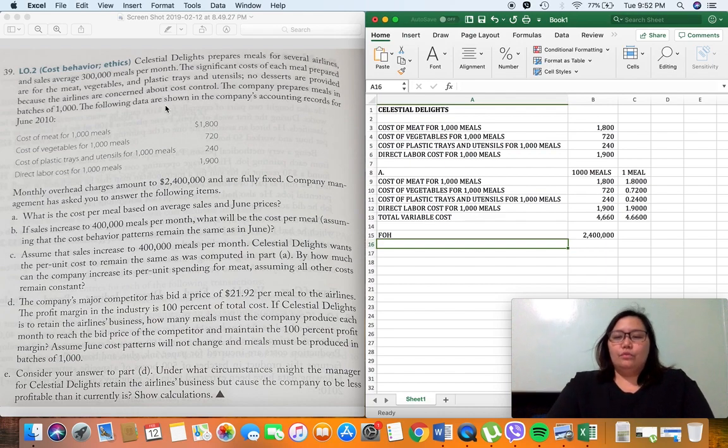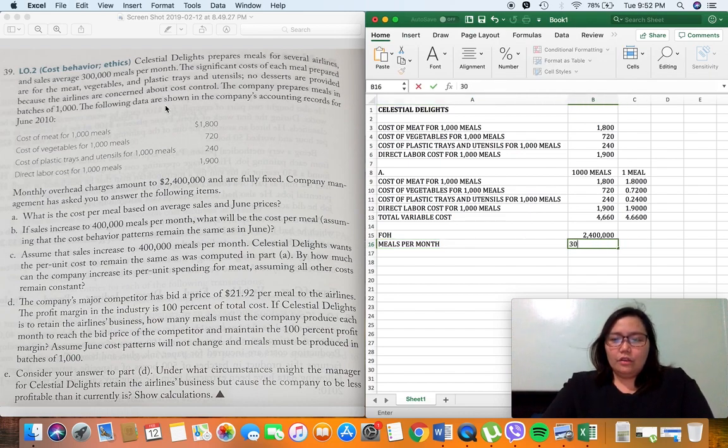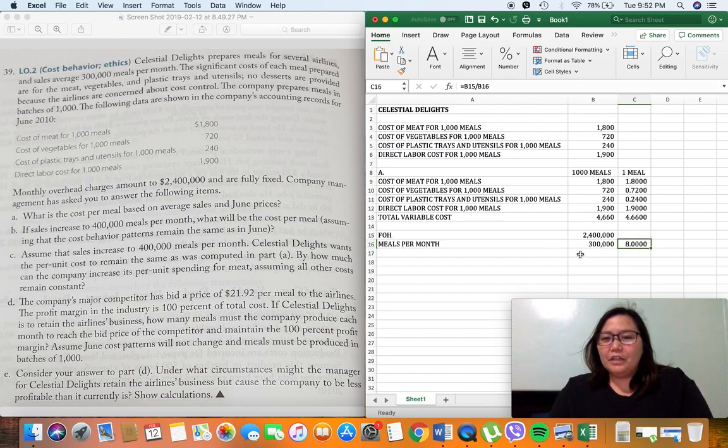Okay? So, meals per month is equal to 300,000 meals. And therefore, when we divide, 'di ba, so simply divide 2.4 million by 300,000, we'll get 8 pesos. This is our fixed cost per unit.